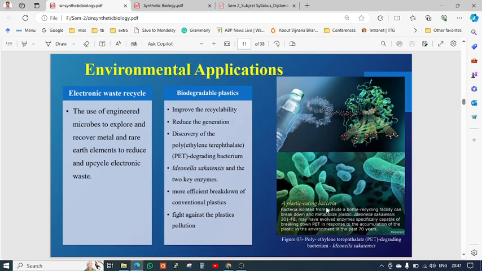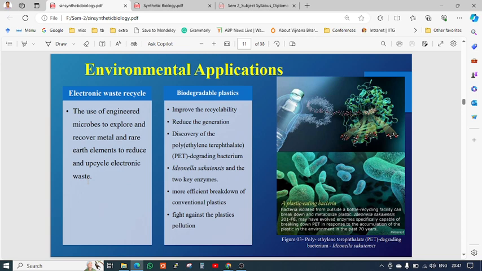Then different environmental applications: electronic waste recycling. This is an emerging new type of environmental solid waste, which can be called e-waste. Engineered microbes are used to recover metals and rare earth elements to produce recyclable electronic suites. That means if your mobile or laptop gets damaged, or you just throw it in the dustbin, it cannot biodegrade.